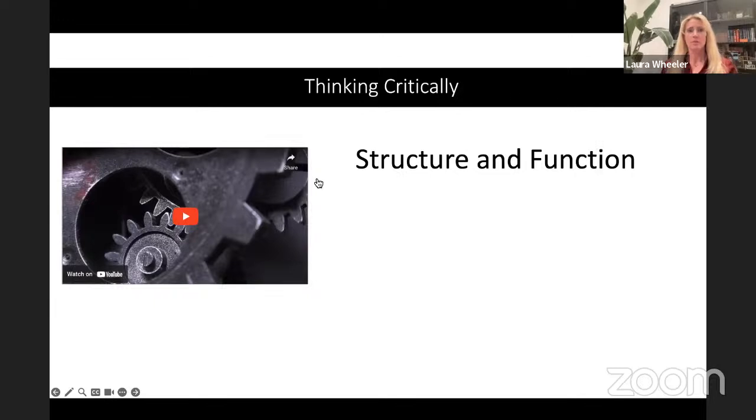So hopefully when you were looking at this, you could see some structures. Can you translate that they can put into the chat box or say out loud some structures they see in this video?